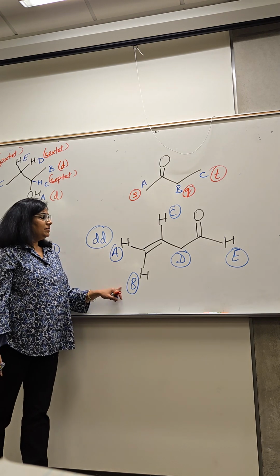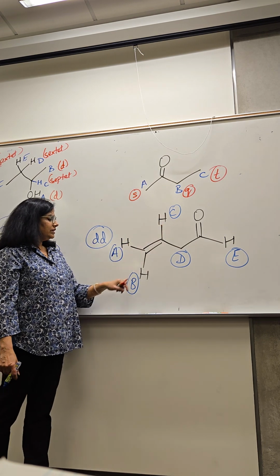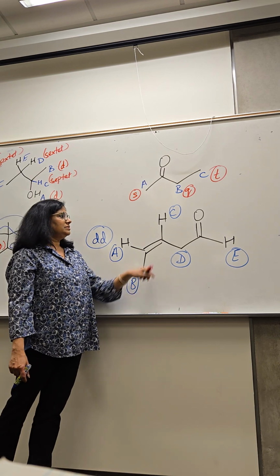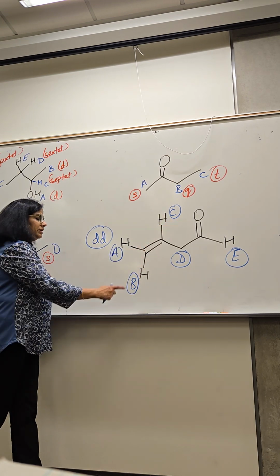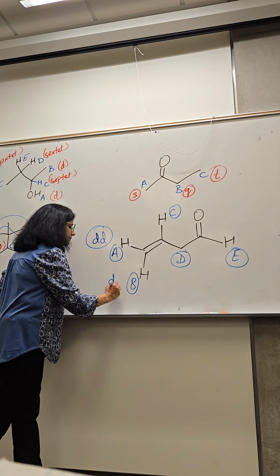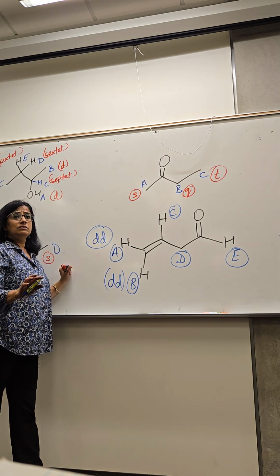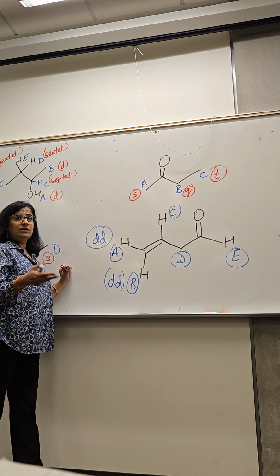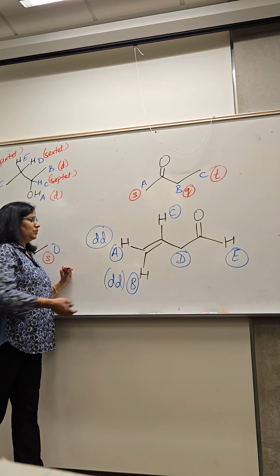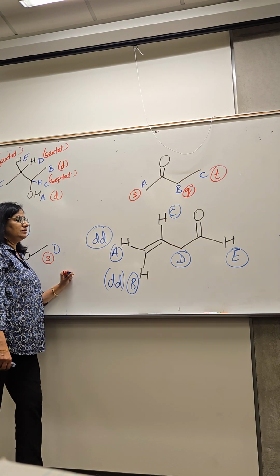Yes. Is B coupling with C? Yeah. Do you expect AB coupling to be the same as BC coupling? No. So B is also a doublet of a doublet. Please don't say 2 squared, because we don't use that symbolism. We use this symbolism, so please stick to that.